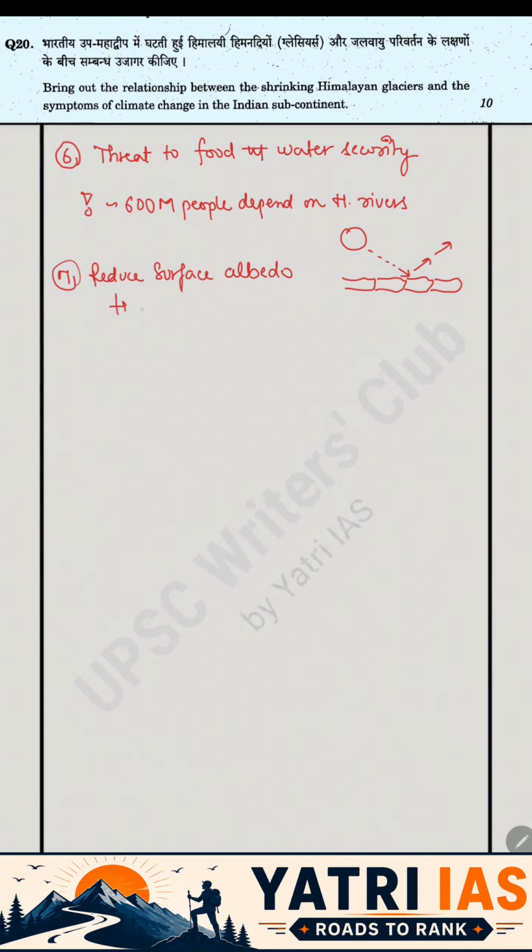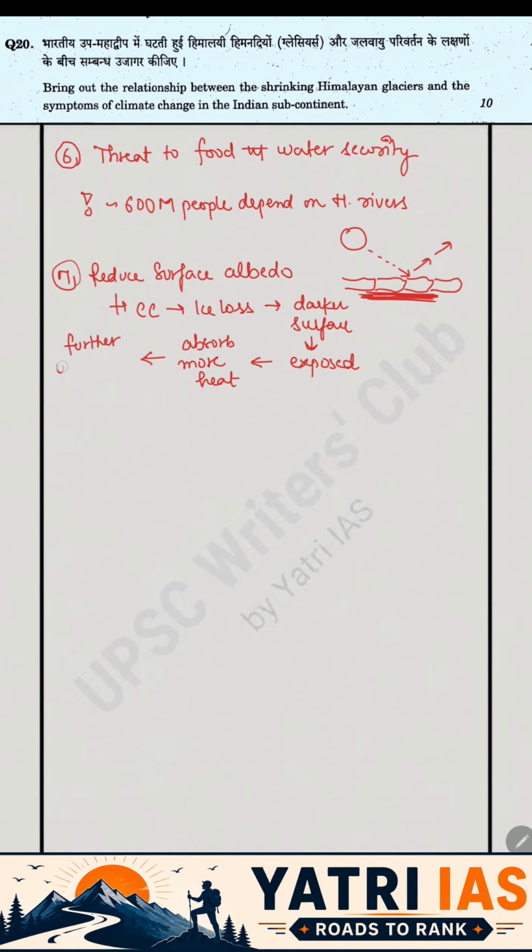But with climate change and ice loss, the darker surfaces are exposed, which absorb more heat and further warming takes place. So this is also one reason to establish the relationship.